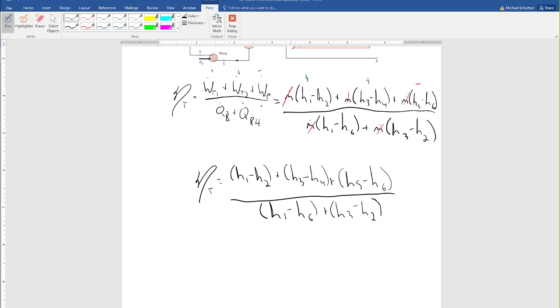I'm trying to collapse all this stuff together so that I don't have to memorize all that. So I add them all up, even though some of them are going to be negative numbers. Again, you want to check that your net power is less than your net turbine power, because the pump power should be negative.